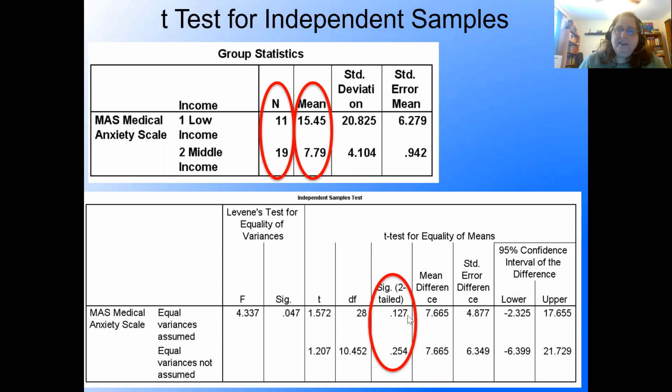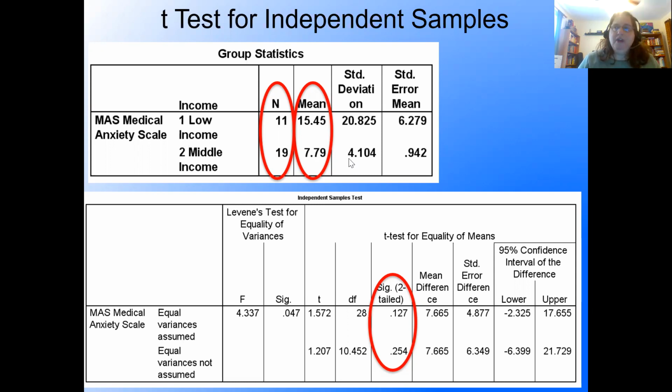Again, even if this had been a one-tailed test, we get down to 0.064 approximately. Still not less than 0.05. So no matter what we're doing here, it's still not going to be significant. We're still not going to reject the null.